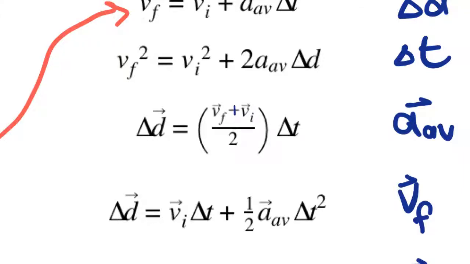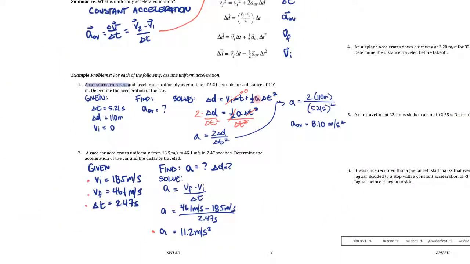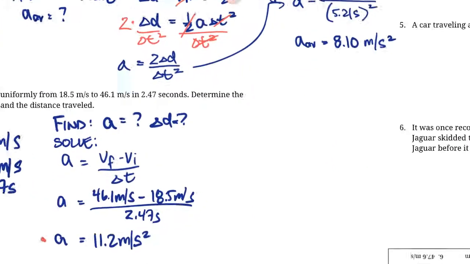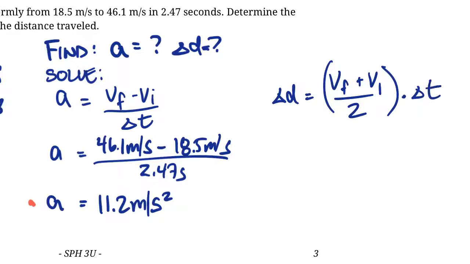It's actually just the average of the two velocities times the time. So sorry about that. Please correct that on there. But that is the equation we're going to use. So delta d equals VF plus VI over 2 times delta t.